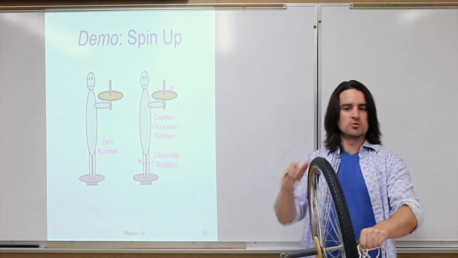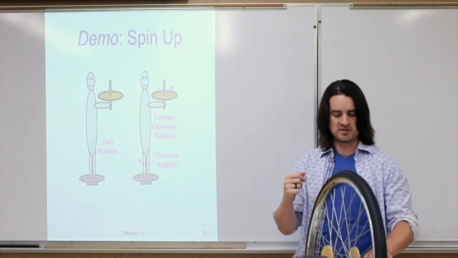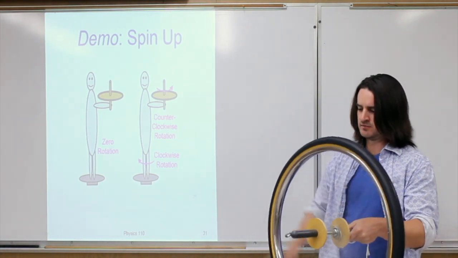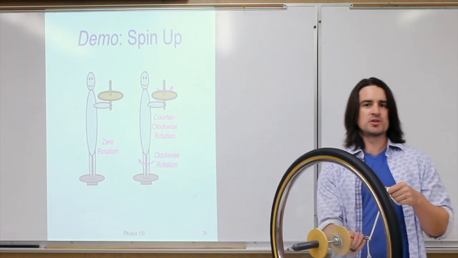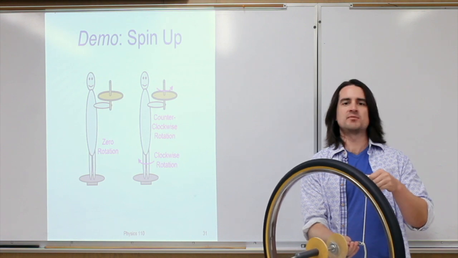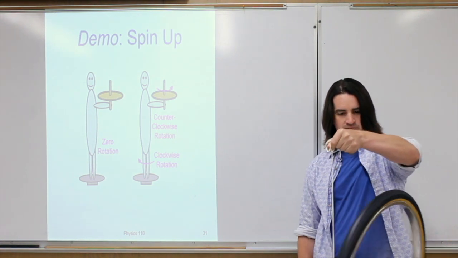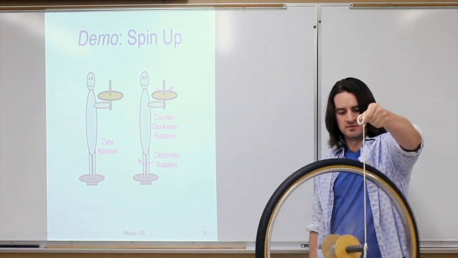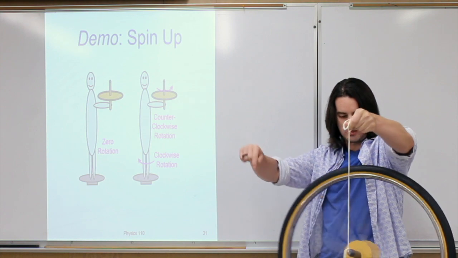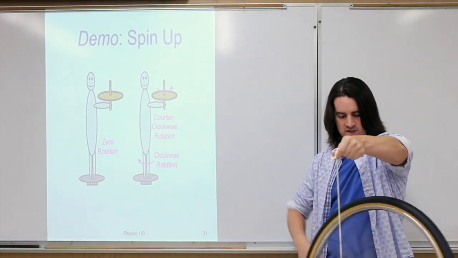If I take this bicycle wheel, right now it's not rotating, so it has no rotational momentum, but if I start rotating it, now it has rotational momentum, and it doesn't want to change that. It wants to keep that rotational momentum constant. So even if I hold it off on a string here, it's going to stay upright, because gravity is pulling down. Gravity is trying to act as torque to change the orientation of the rotational momentum, but it's not enough to really do much because it's a lot of rotational momentum.